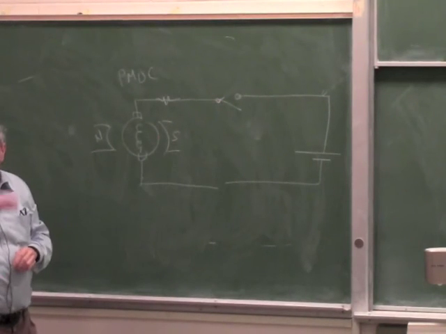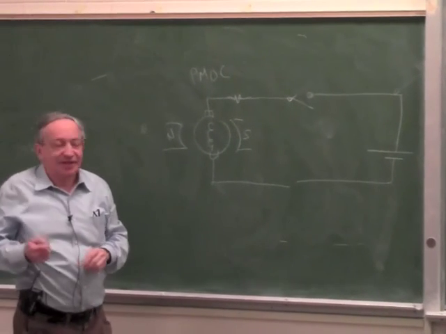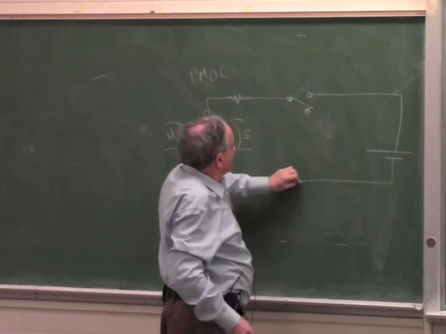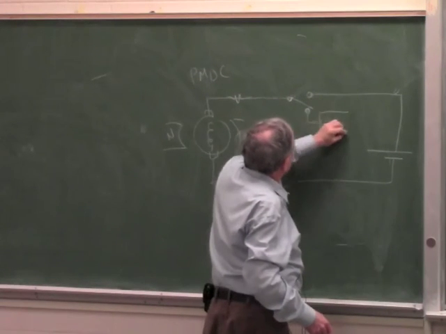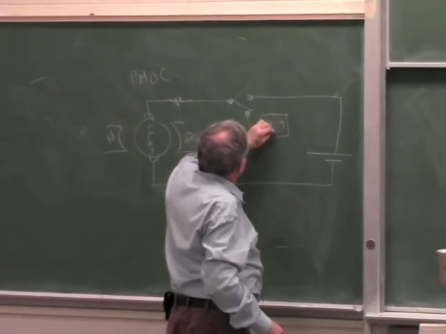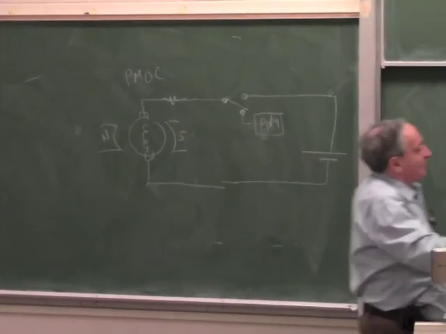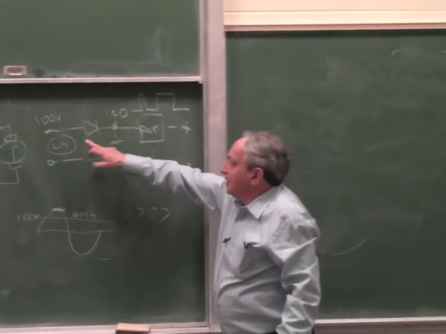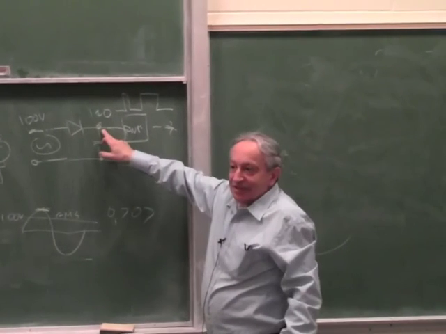But when you want to stop the motor and recover the energy, you switch it to this, which is now not to ground, but you switch it to the PWM chopper, which is the same as connecting it to this point after the rectifier. You don't need a rectifier because it's already DC.